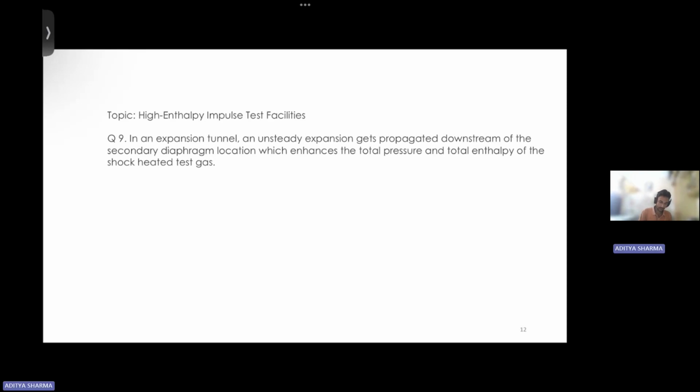Now, if you see question number 9, again on high enthalpy impulse test facilities, it says that in an expansion tunnel, an unsteady expansion gets propagated downstream of the secondary diaphragm location, which enhances the total pressure and total enthalpy of the shock heated test gas.